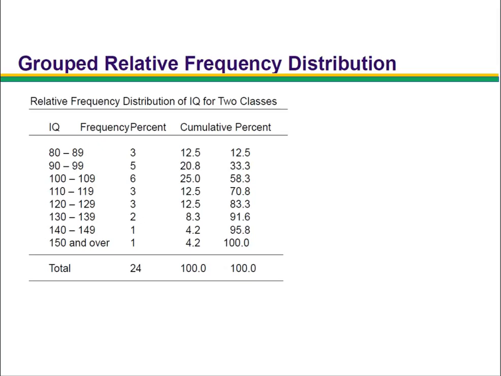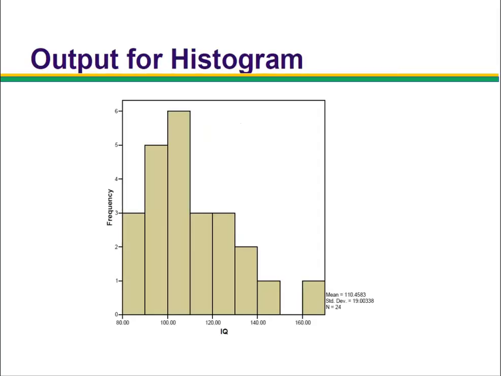Now tables are great, but sometimes a picture is really worth 1,000 words. So we also use graphs to visualize data. The most common graph is a histogram, which looks like a bar chart. You put the variable on the horizontal axis, in this case IQ scores, and the frequency on the vertical axis, and you draw bars showing how many people fall into each range.